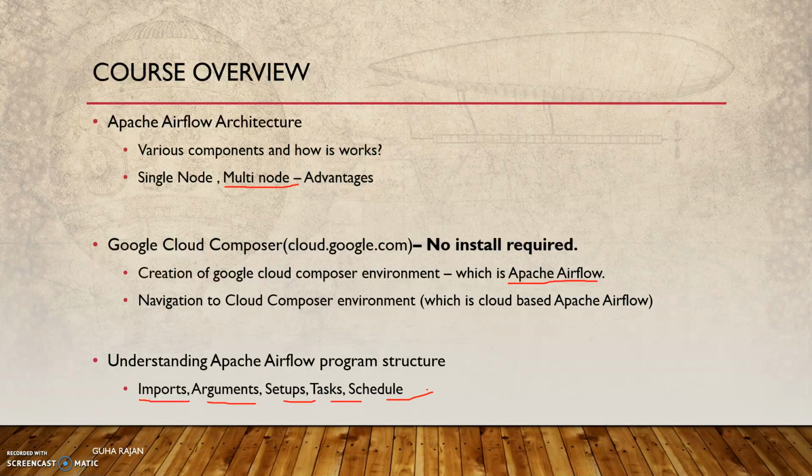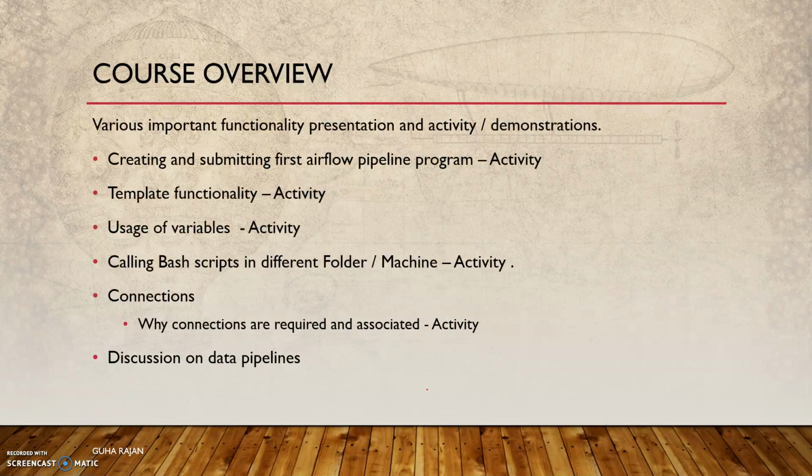And once we have an understanding of this, we will then get into the different activities. Most of the activities will initially have a presentation. I'll be presenting the functionality and then the activity demonstration. We'll start off with the first Python program, which basically will have bash scripting.